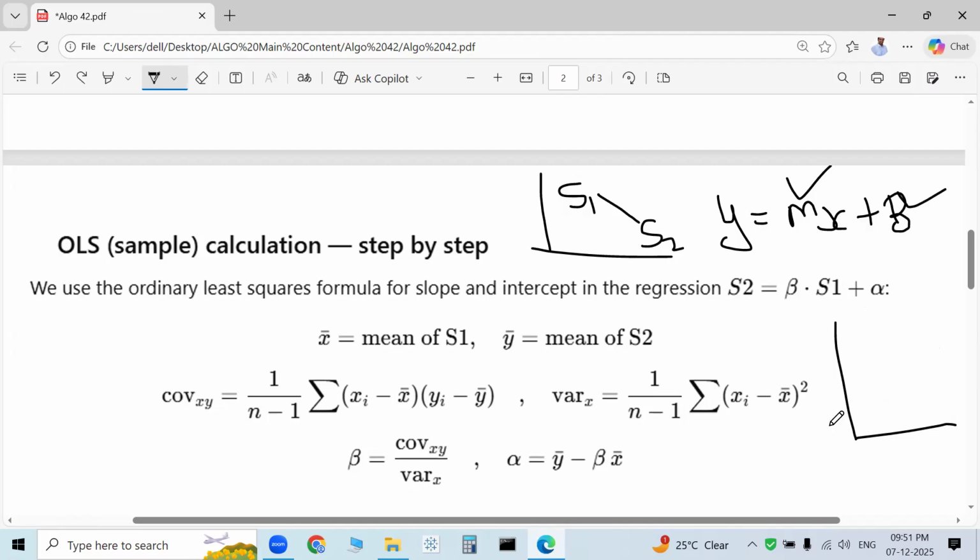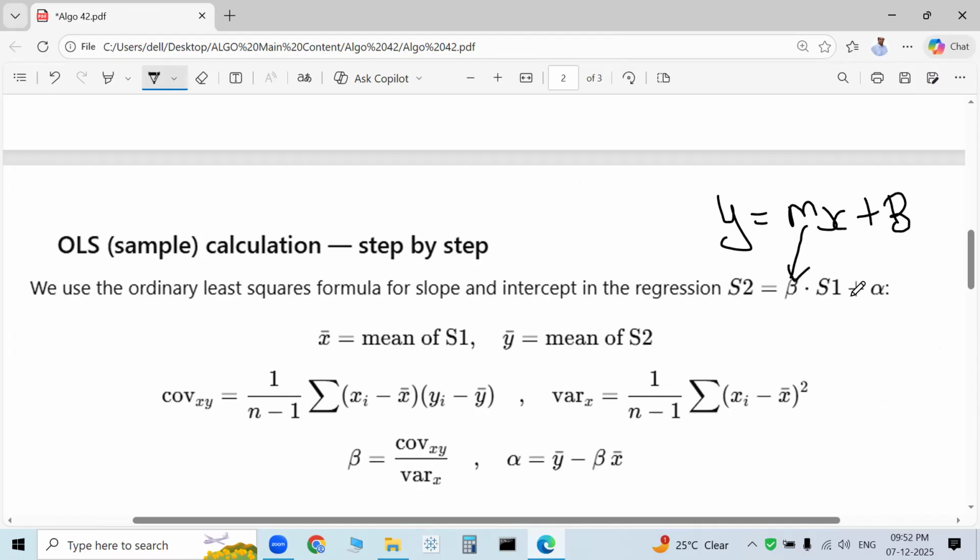But mathematically we are going to write this in a different way. The m will now be beta, and the b will now be alpha. Stock number 1 is independent and stock number 2 is dependent on stock number 1. So we want the covariance.